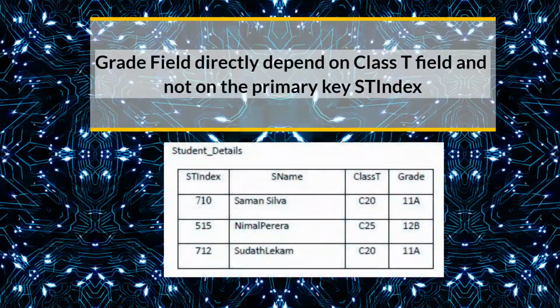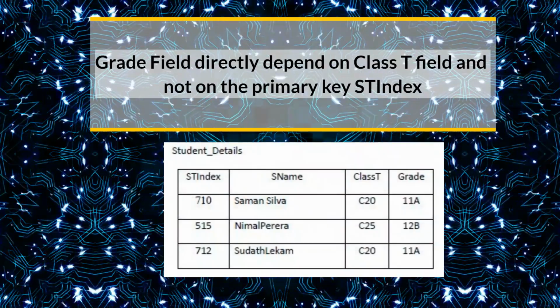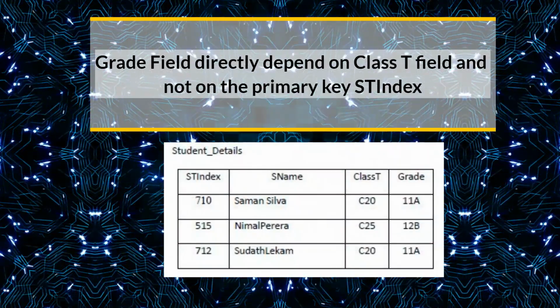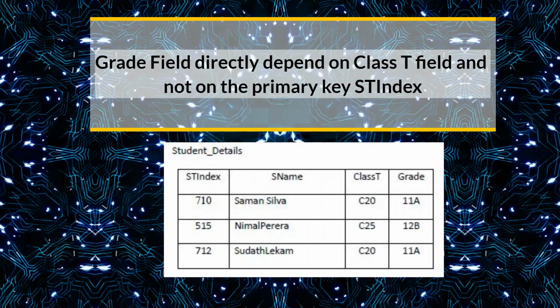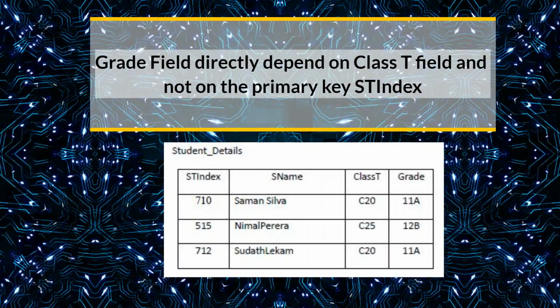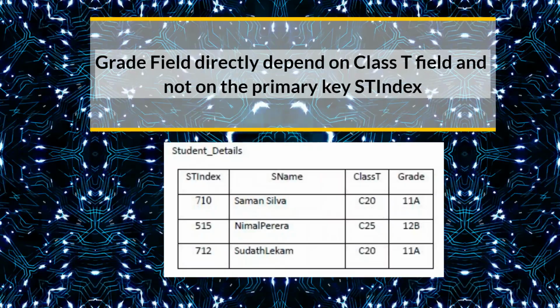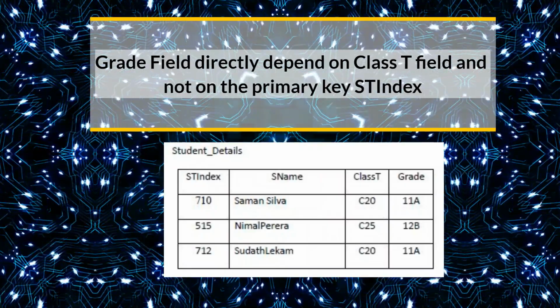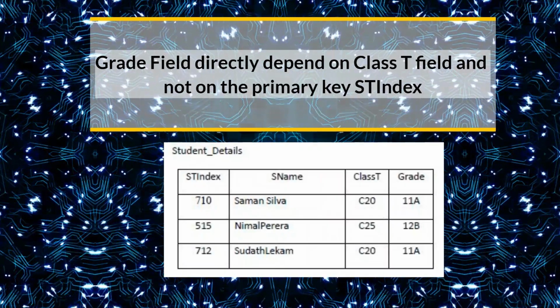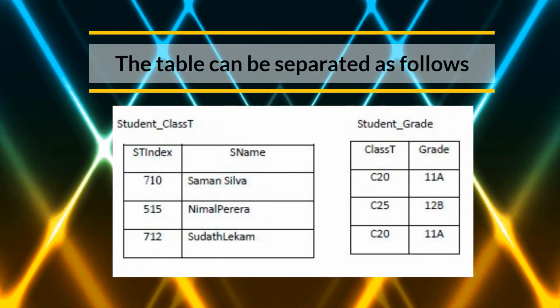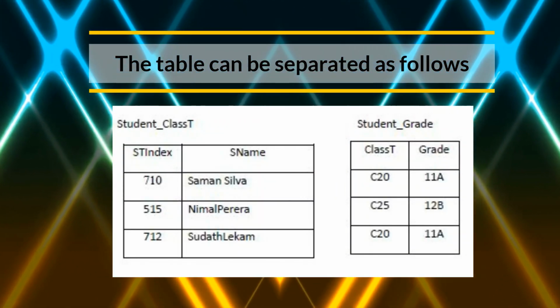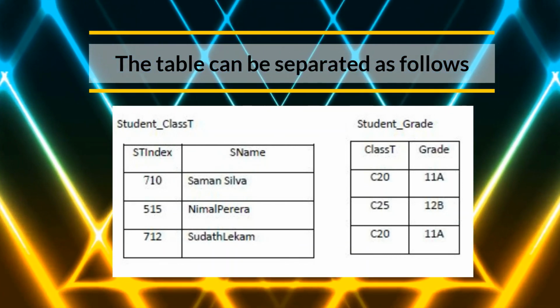In this table, you can see that the grade field directly depends on the class T field and not on the primary key ST index. According to the above finding, we can separate the table as given.